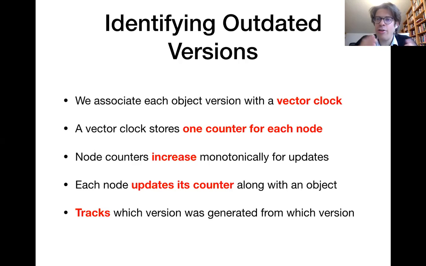So this allows you to essentially keep track of the version graph, you would call it in certain systems, which essentially tells you which version was generated from which other version.